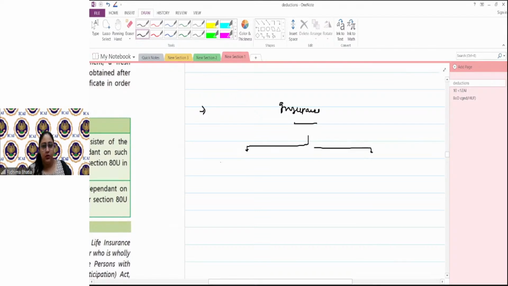Either the dependent disabled would receive it, right? Or the assessee would receive it. When would the assessee receive that insurance amount? Only when the dependent disabled is no more, right?